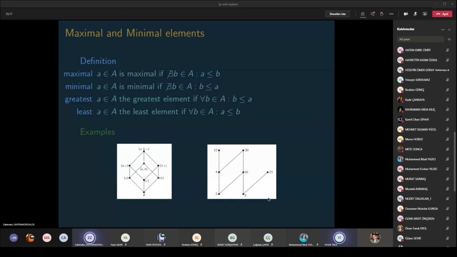If I give you two elements and ask what the least upper bound is, what does it mean? Does it have a meaning? According to the relation, yes, of course.